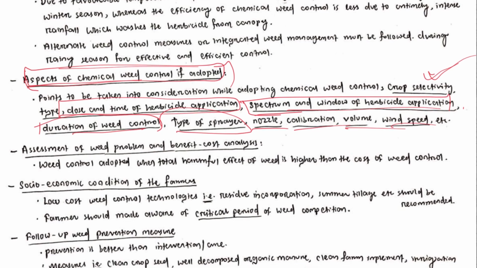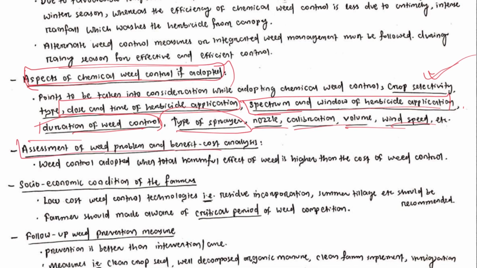Then assessment of the weed problem and benefit cost analysis. Without benefit cost analysis, farmers cannot be recommended to practice different techniques, because in farming or in any process, we always take the benefit cost analysis. If there is no benefit, we should not recommend any practice, right?